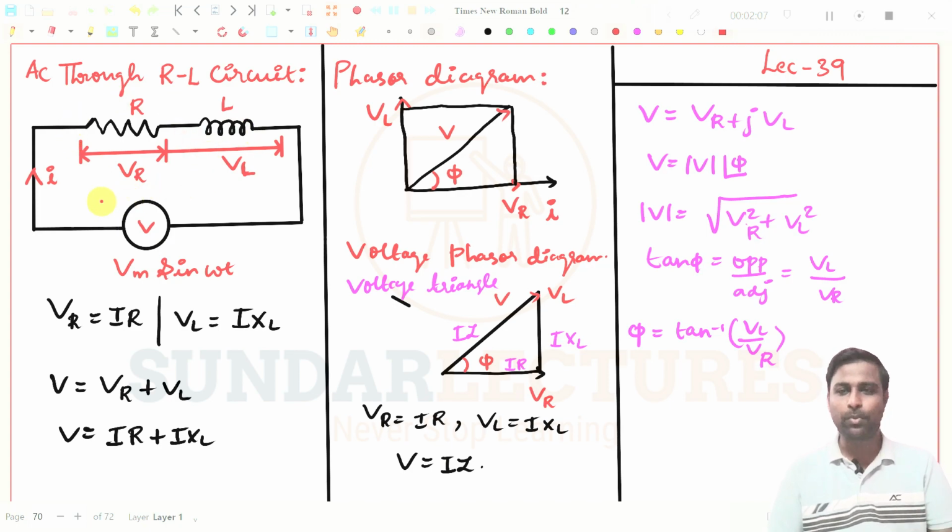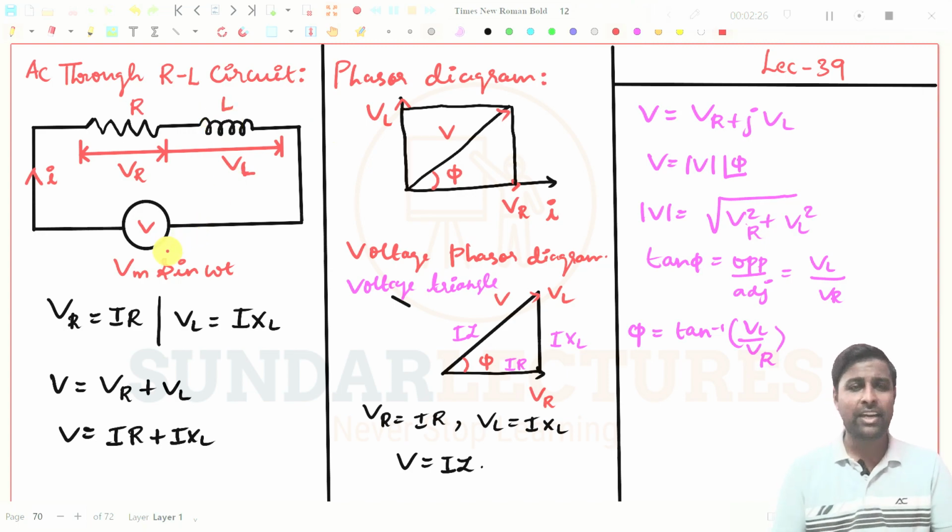So this circuit possesses real power as well as reactive power. That depends on the value of R and L. We will see how this expression comes and how we can assess the real power and reactive power in the circuit, right? For that, first we need to find what is the value of I.